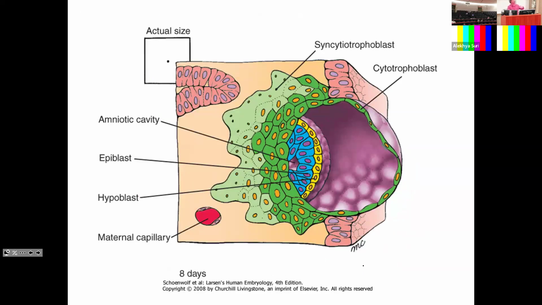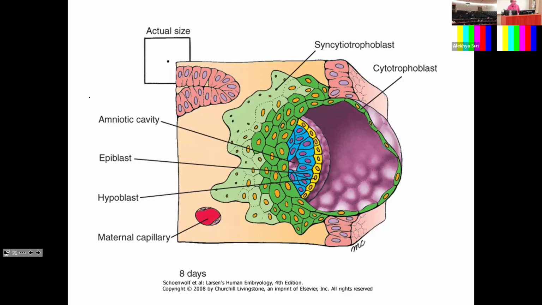So this is one stage further in the invasion of the embryo into the endometrium. We can appreciate new cavities that are being formed, the amniotic cavity, for example, the yolk sac, etc., the placenta, all made by the trophoblastic cells, because all these are extraembryonic tissues.